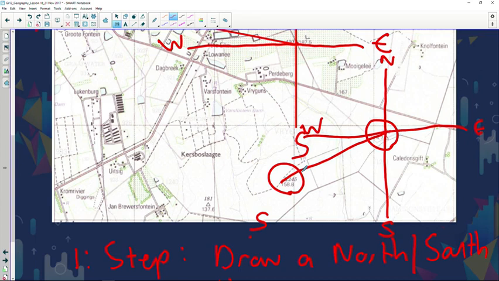So that's probably going to be west, south-west. And that's how easy it is to determine direction on a topographical map. Just keep in mind, remember your steps. That's the first thing that you need to be able to remember.